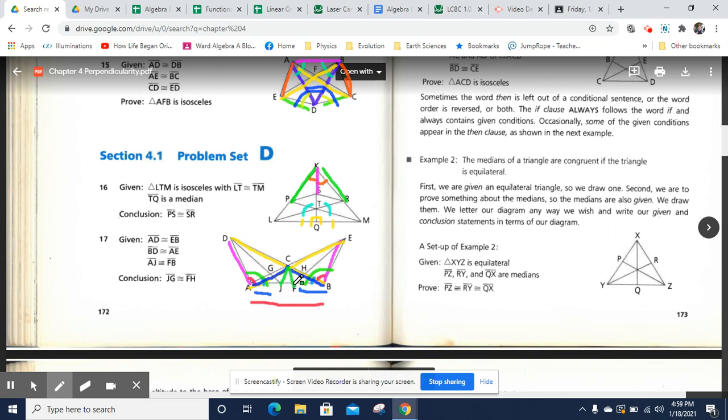So we can now establish that CF and CJ are congruent. Okay, and we can establish that this angle here is congruent to this angle because of CPCTC. So we can prove that that angle and that angle are congruent.